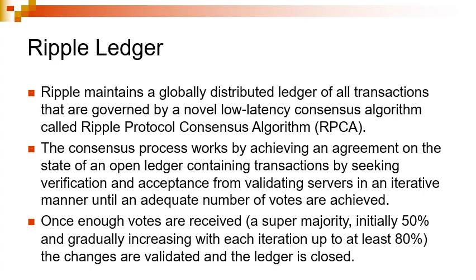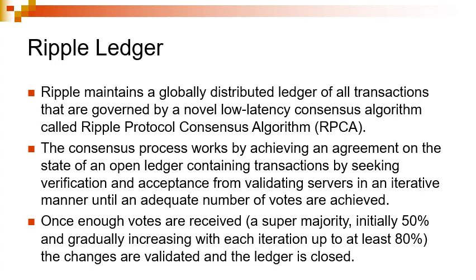Ripple maintains a globally distributed ledger of all transactions that are governed by a novel low latency consensus algorithm called the Ripple protocol consensus algorithm. The consensus process works by achieving an agreement on the states of an open ledger containing transactions, by seeking verification and acceptance from validating nodes in an iterative manner until an adequate number of votes are achieved.